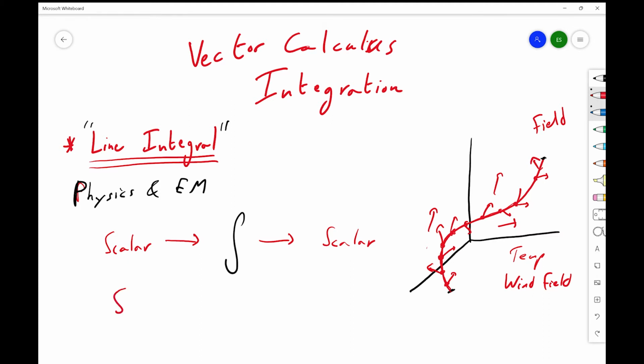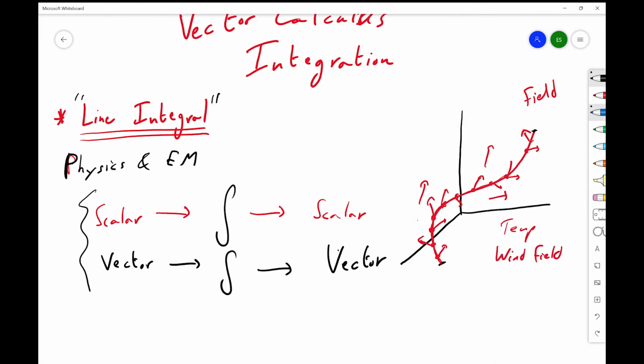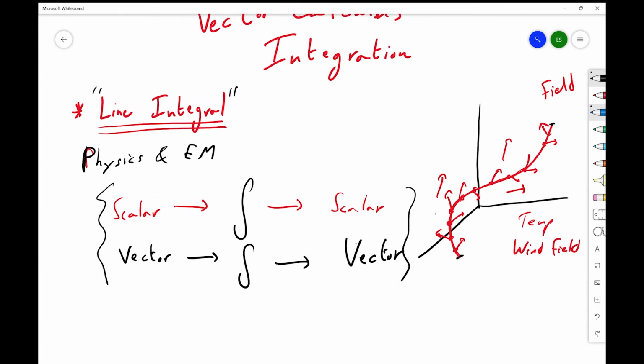So what I'm summing up are vectors, and then I sum them up and I end up with a vector, right? So those two kinds of line integral are possible, but they are not the line integral we are talking about.